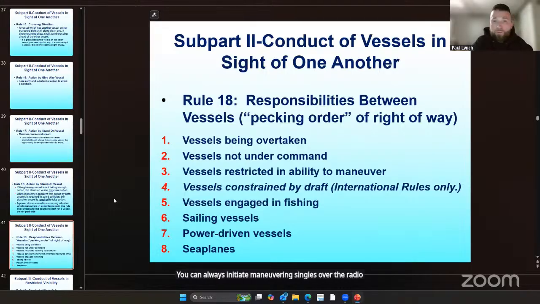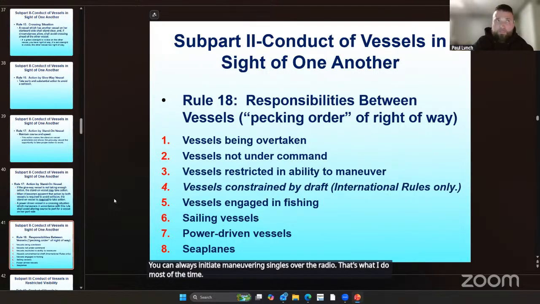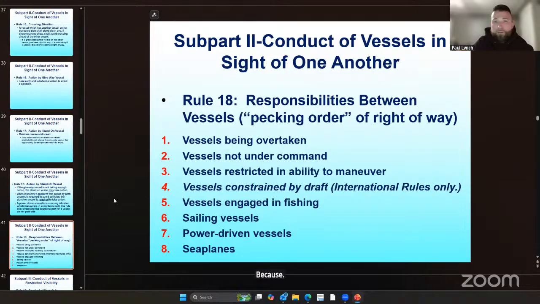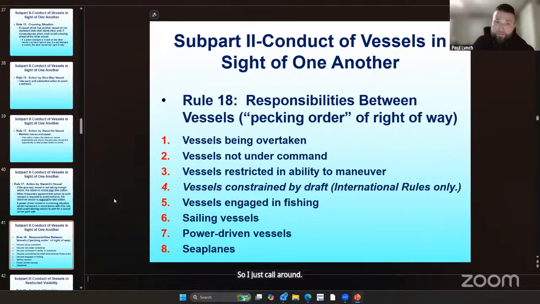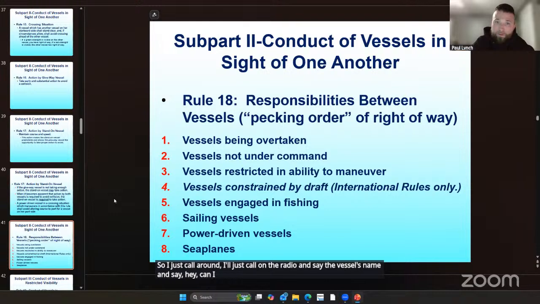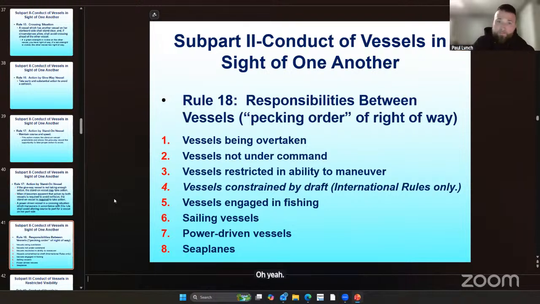That's what I do most of the time, because if I sound a short blast, maybe someone just thinks I'm being mean and just beeping at them. No, I'm trying to overtake you on your starboard side. So I just call on the radio and say the vessel's name and say, "Hey, can I overtake you?" Oh yeah, go ahead. All right, thank you.